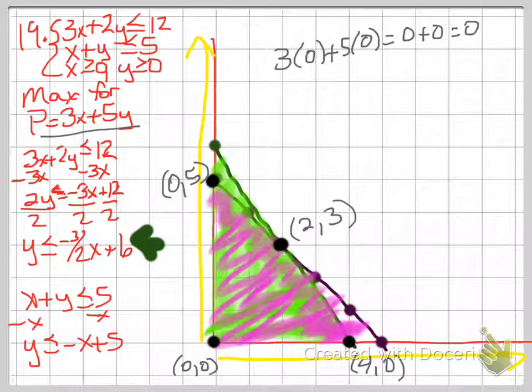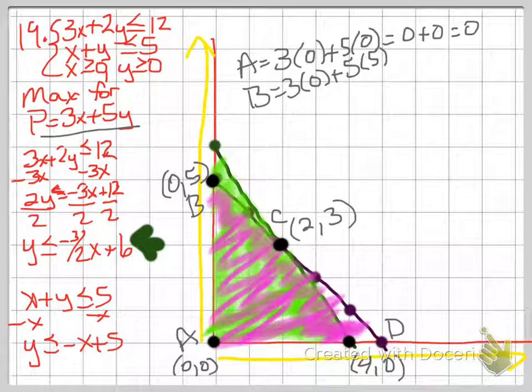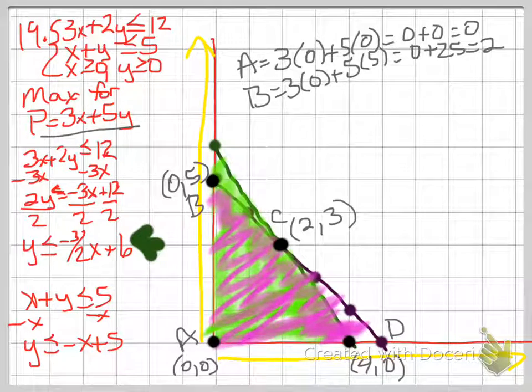Okay, that was for our A, B, C, D. That was for A. For B, we have 3 at 0, and we have 5 times 5, 0 plus 25, or 25.